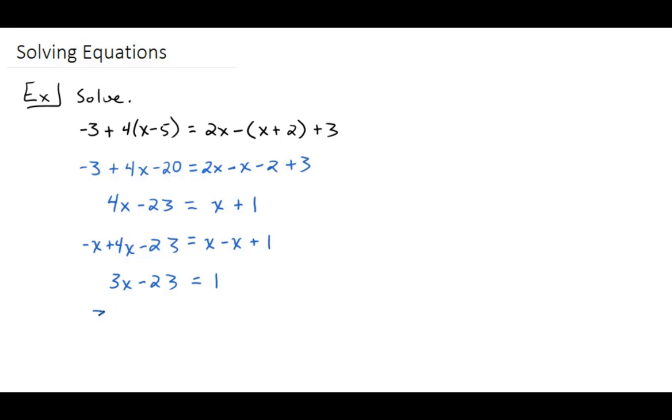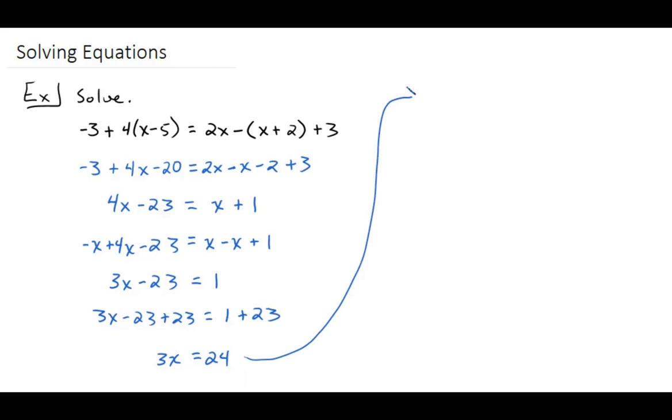So we would have 3x minus 23 plus 23. That's going to equal 1 plus 23. So simplifying that, I'm left with just the 3x on the left and a 24 on the right. I'm going to bring this up here for the sake of space.